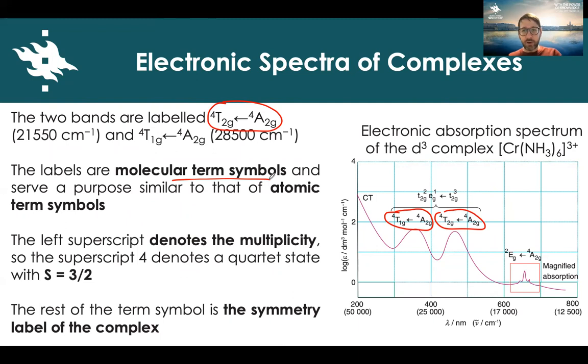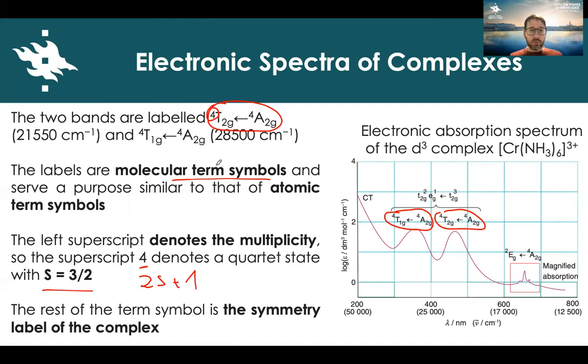Here we have a complex and we are talking about molecular term symbols, and their definitions are very similar to what we just saw for the atomic term symbols, in which the left superscript is the spin multiplicity. So here, the superscript 4 denotes a quartet state in which S is 3/2. Remember that multiplicity is 2S plus 1.